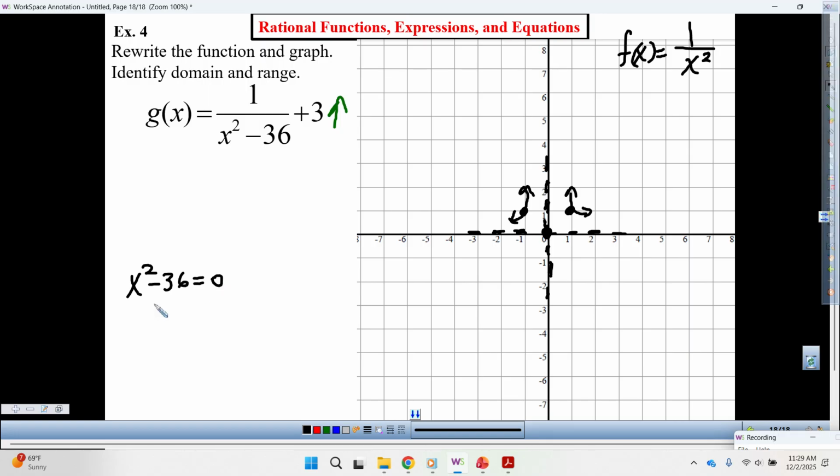Let's solve. Plus 36, plus 36. X squared equals 36. Question, how do we cancel this squared? Square root, yes, to both sides. So, x equals 6.